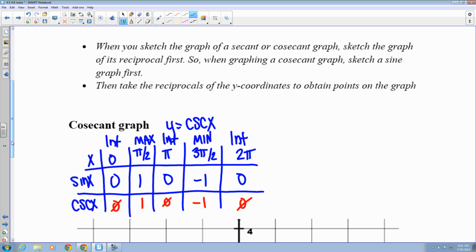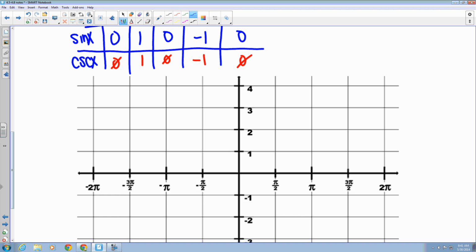So let's go through and sketch our sine curve. And then everywhere there's a 0, turns into an asymptote. The other 2 points stay the same, but you're never going to cross. Your graphs will never cross.